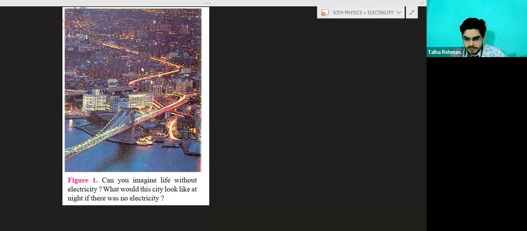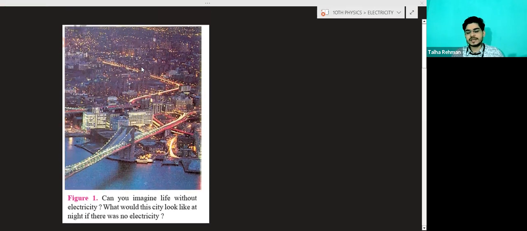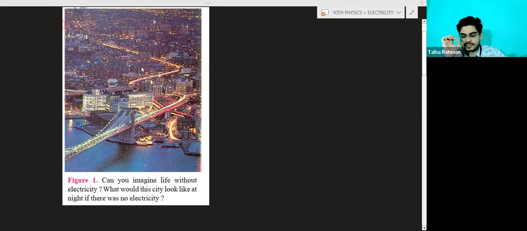So electricity is a very important part of our life. We will see what electricity is in this chapter, and related to this we will study charge, current, electric potential, resistance, and all that. So we can now say that electricity is a very essential part of our life.